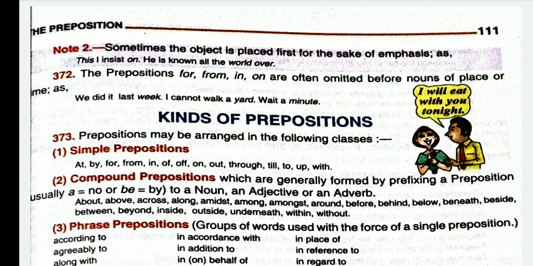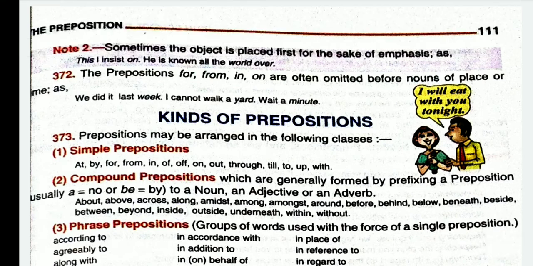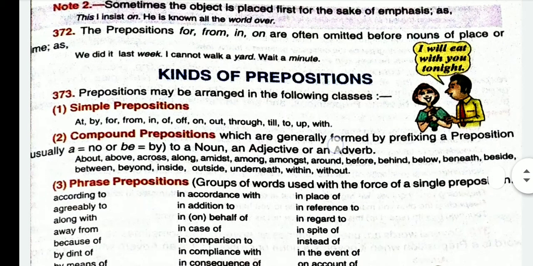Beside, in this case, be is again the prefix that we are adding. Side is the noun, so beside has become the preposition. Between, beyond, inside, outside, underneath, within, without. So these are the compound prepositions in which a or be is added before a noun, adjective or an adverb. Such kinds of prepositions are called compound prepositions.